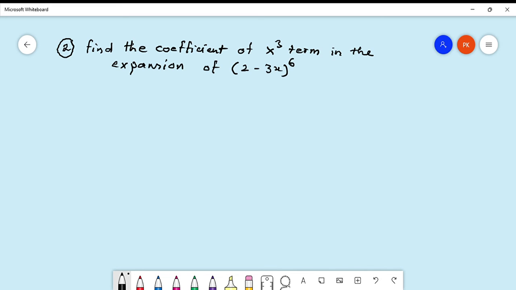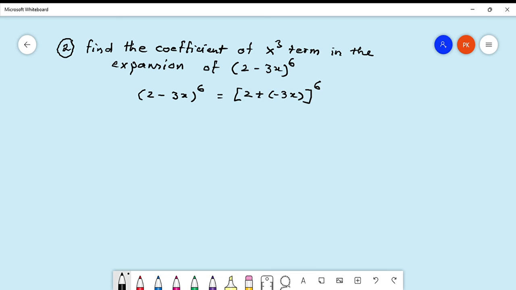So now (2 - 3x)^6, I'll write it as (2 + (-3x))^6.